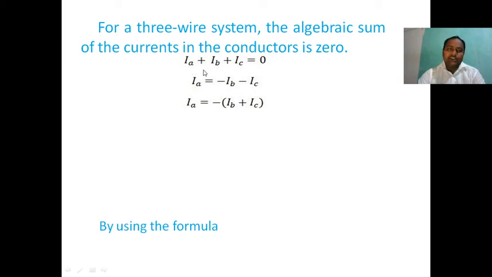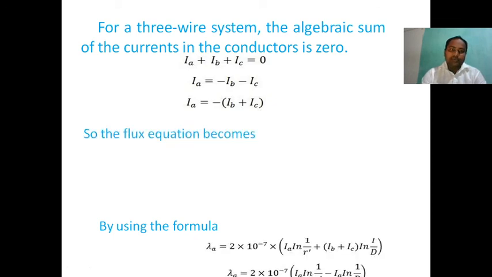If the circuit is balanced, the sum of the currents is 0. With three conductors, IA plus IB plus IC is equal to 0, so IA is equal to minus IB minus IC. Taking minus as common, we get IB plus IC.